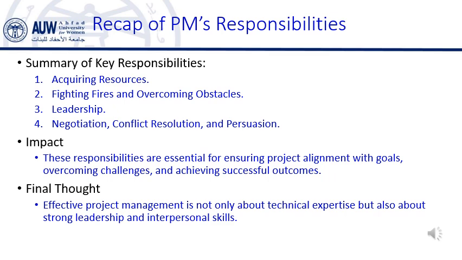His vision for affordable electric cars motivated the team to push through production challenges and meet ambitious deadlines. This ties into our earlier lessons on team dynamics and motivation. The PM must lead by example, ensuring the team stays engaged and committed to the project's success.